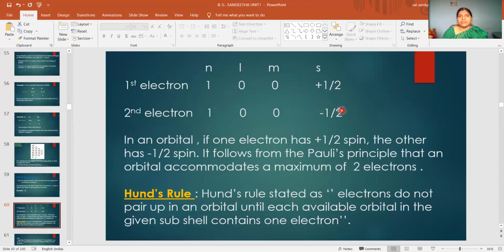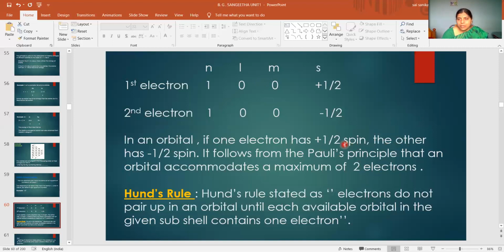The first electron has clockwise spin, that's why it is plus half, and the second electron has anti-clockwise spin, that's why it is minus half. So in an orbital, if one electron has plus half spin, the other has minus half spin. It follows from Pauli's principle that an orbital accommodates a maximum of 2 electrons. So in each and every orbital, just 2 electrons will be present; it cannot take more than 2 electrons.